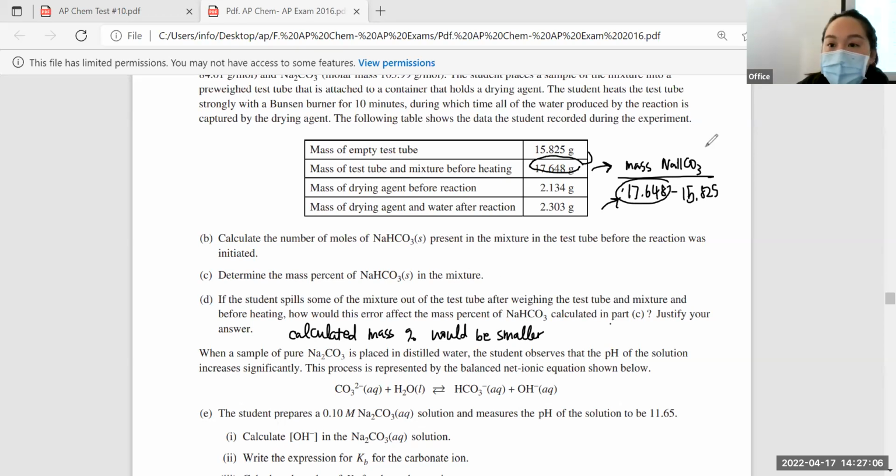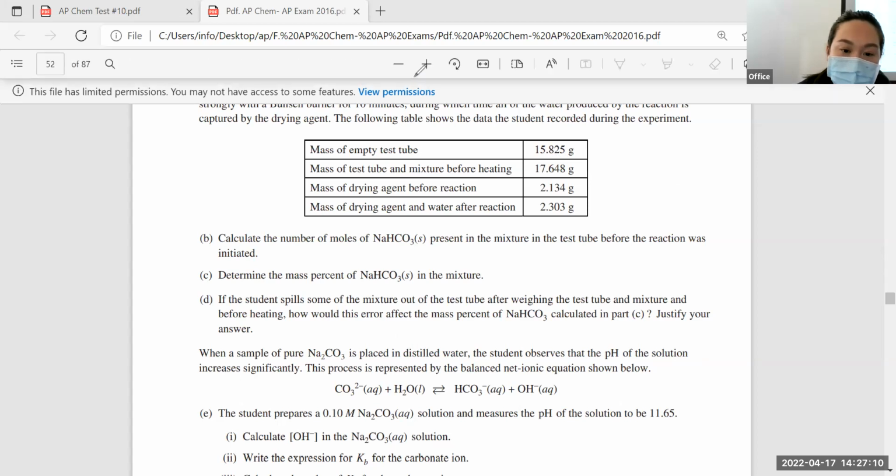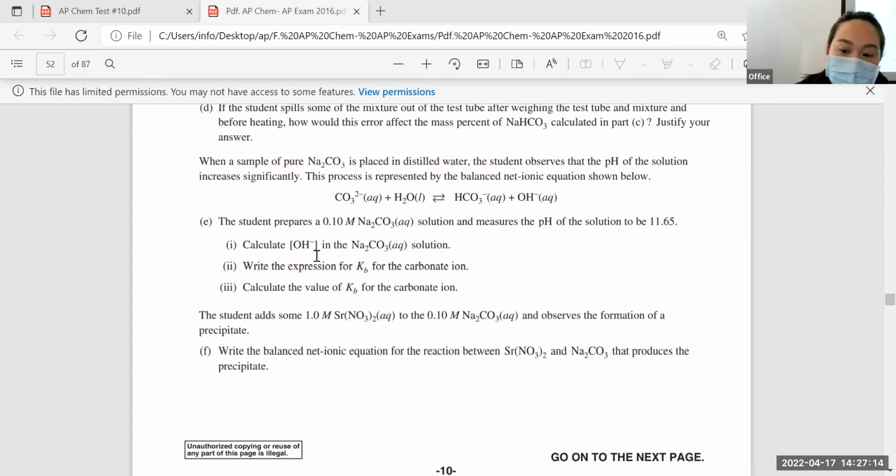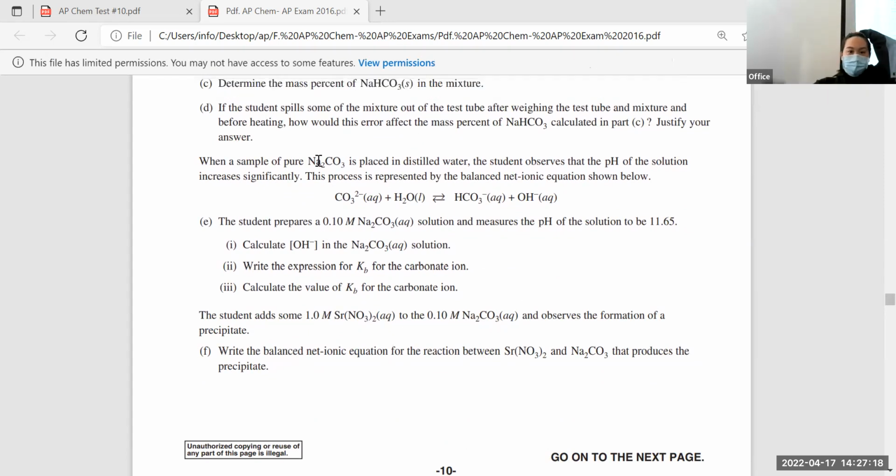Okay, Part E. When a sample of pure sodium carbonate is placed in distilled water, the student observes that the pH of the solution increases significantly. This process is represented by the balanced net ionic equation shown below: carbonate plus water.